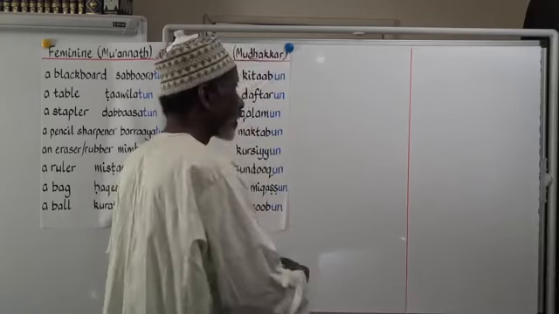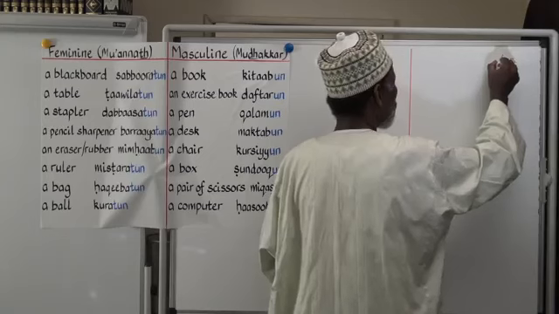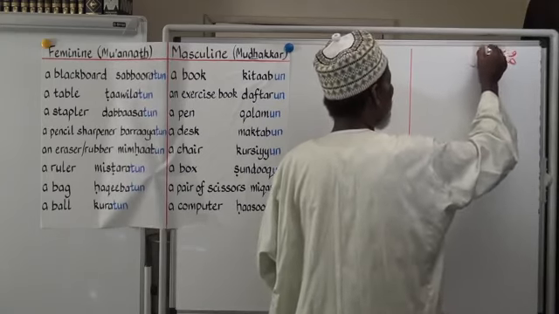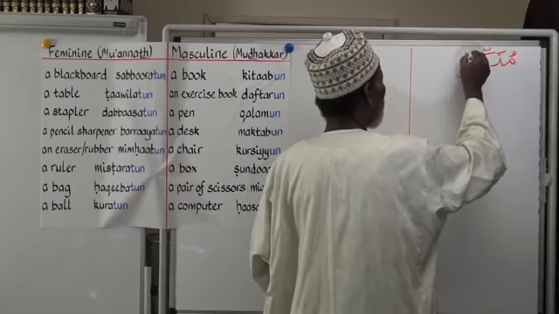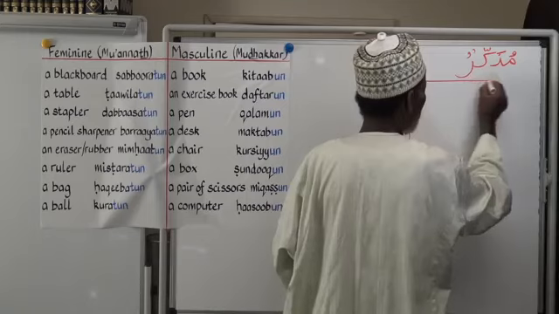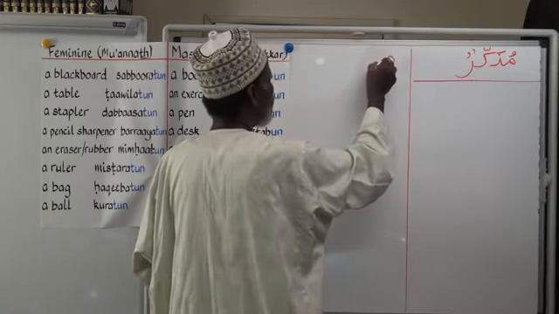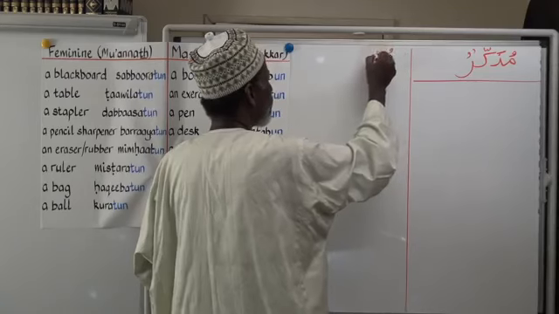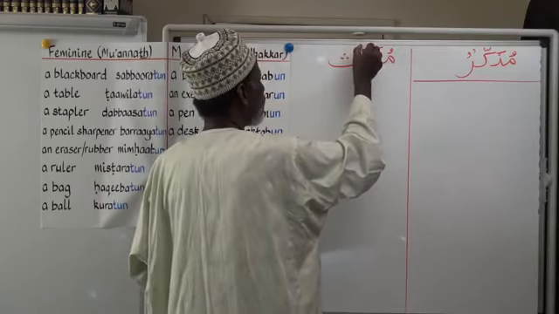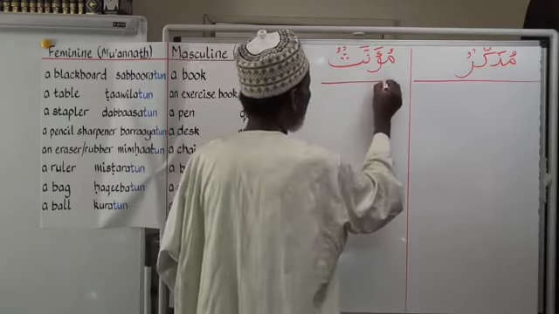So if we write the heading here, mudhakkarun. So that's our heading. And this side, we're going to put mu'annathun. Okay, let's put a line there as well.